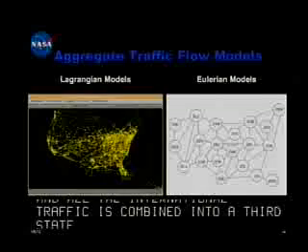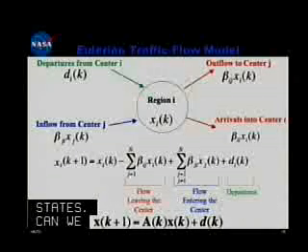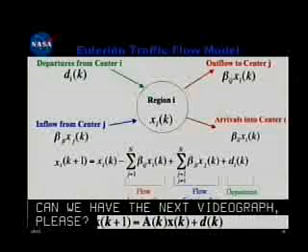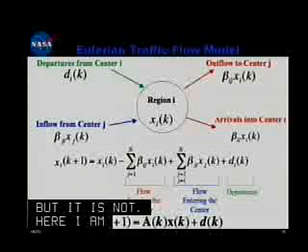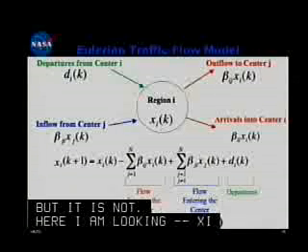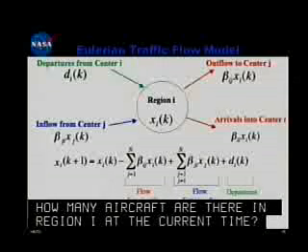Can we have the next view graph, please? Okay. The figure looks complicated, but it is not. Here, x_i(k) is how many aircraft there are in region i at the current time. And then we want to know how many would be there at an instant of time greater.